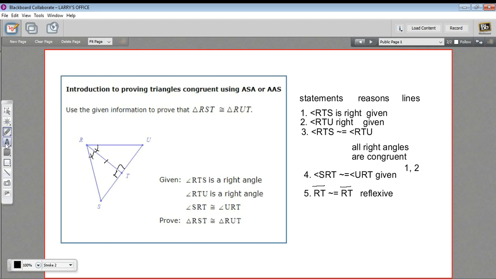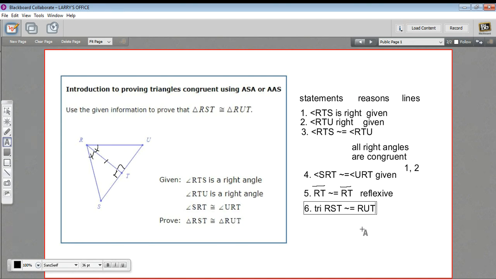All right, we are ready now to say that these triangles are congruent because we have both of the angles and the side that we need to do that. So we can simply finish this proof by writing that triangle RST is congruent to triangle RUT.